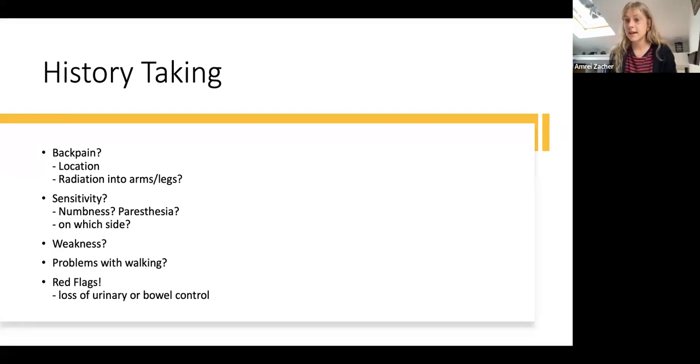Because if this is the case, it shows you that there's a very serious and acute damage of the spinal cord. And if you do not operate on it or treat it very soon, it might progress and you might have a risk for paraplegia, which of course you want to avoid.